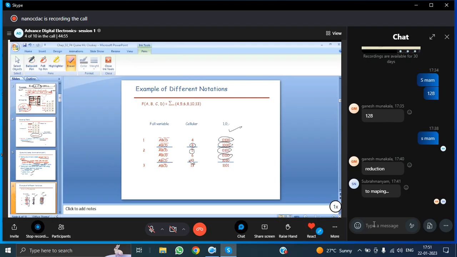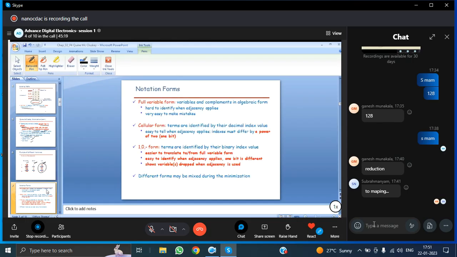In the tabular method, we can use variables, or we can use the decimal values that are called cells, or we can also use the binary values. But I will prefer using the binary values only. You can go with any other thing.